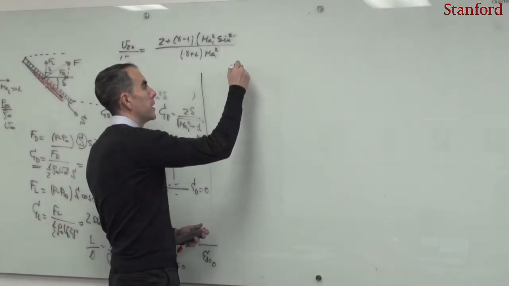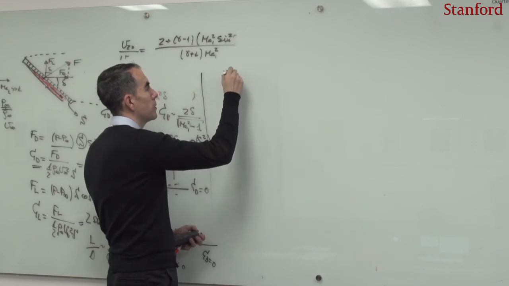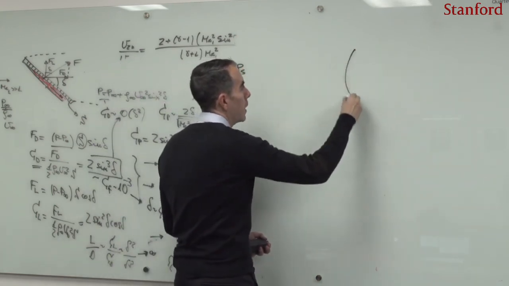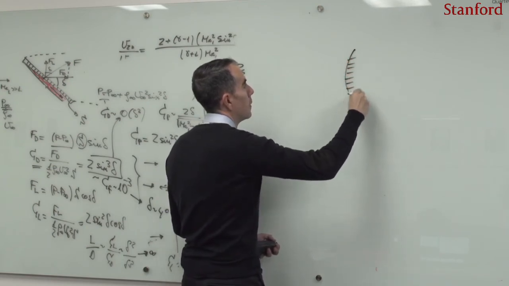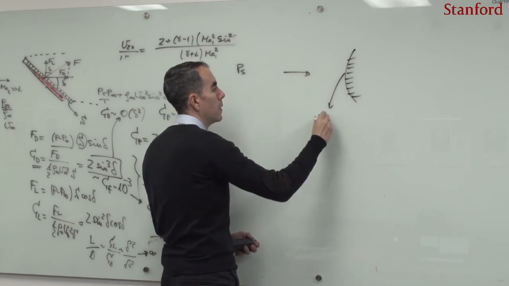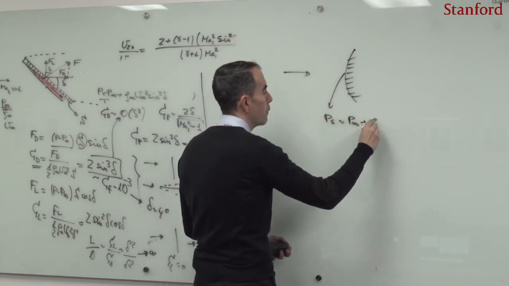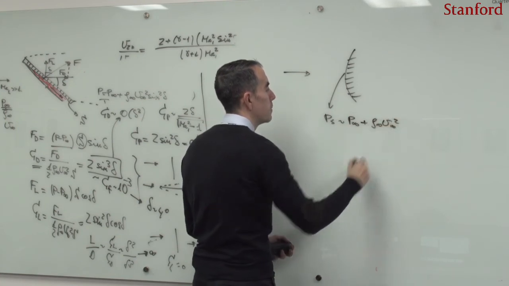He realized that if one looks at the Newtonian theory, the Newtonian theory says that the pressure on the surface, if we have a blunt body like this, is just the pressure at infinity plus rho infinity multiplied by u infinity squared.